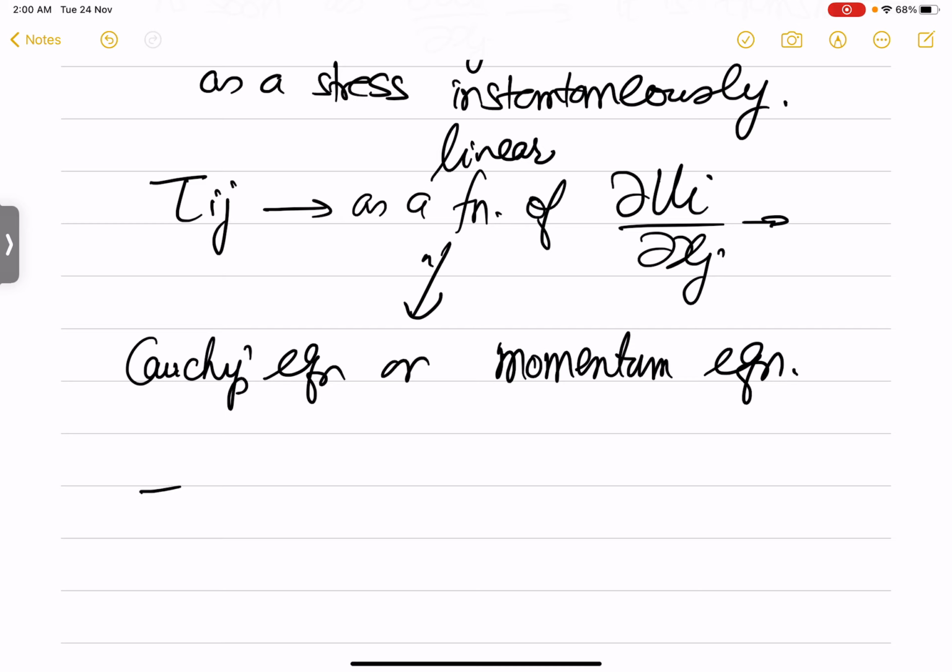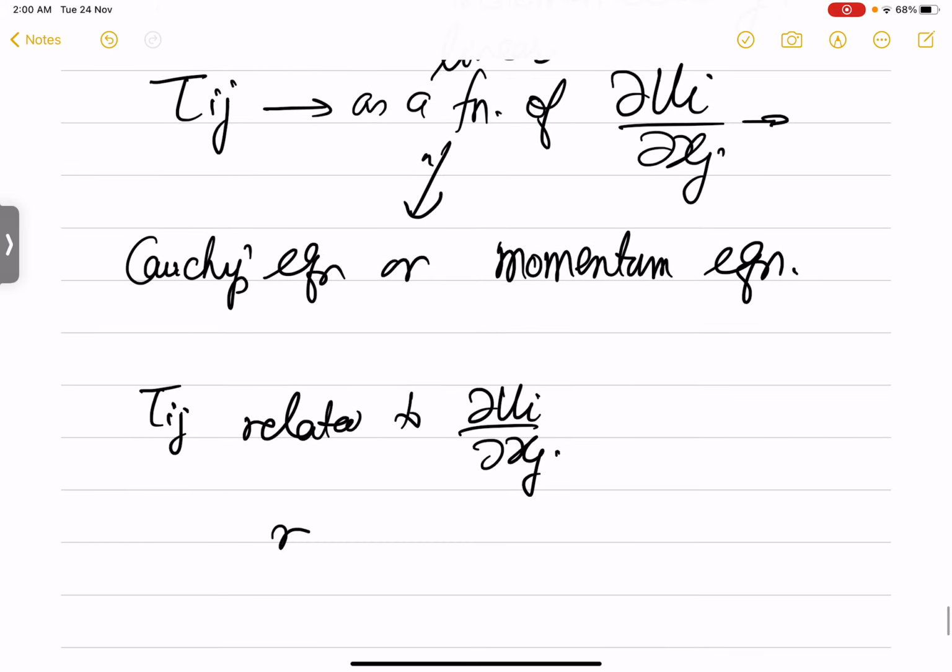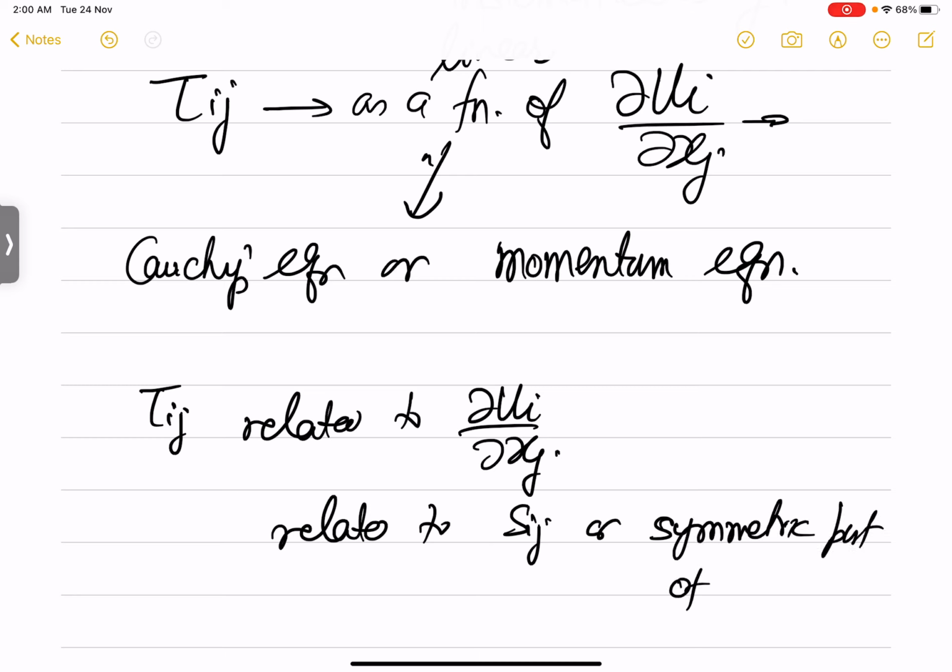So now, since tau ij has to be related to dui by dxj, what we will do is relate it to Sij, or the symmetric part of dui by dxj. Why?